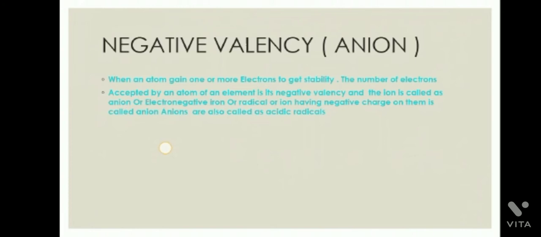And negative valency, anion. When an atom gains one or more electrons to get stability, the number of electrons accepted by an atom of an element is its negative valency, and the ion is called an anion, or electronegative ion. A radical or ion having negative charge on it is called an anion, and anions are also called acidic radicals.